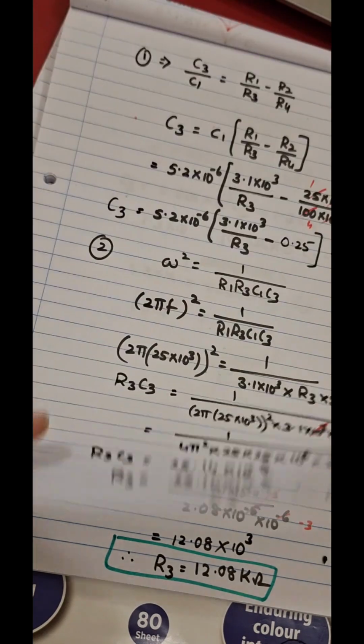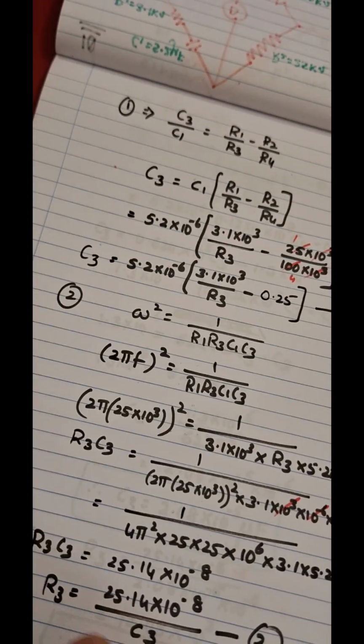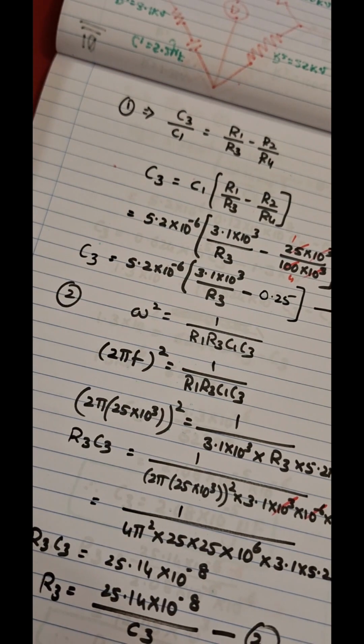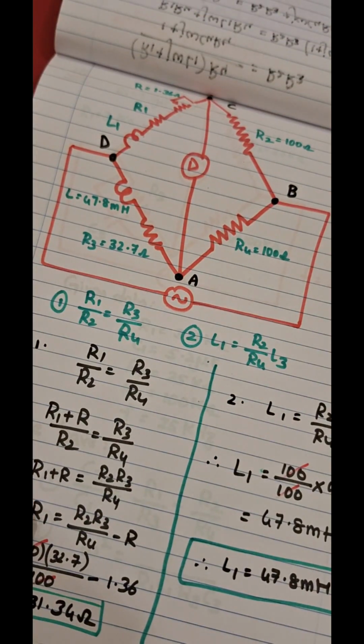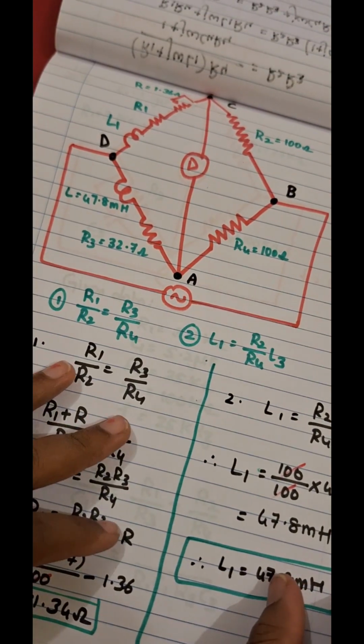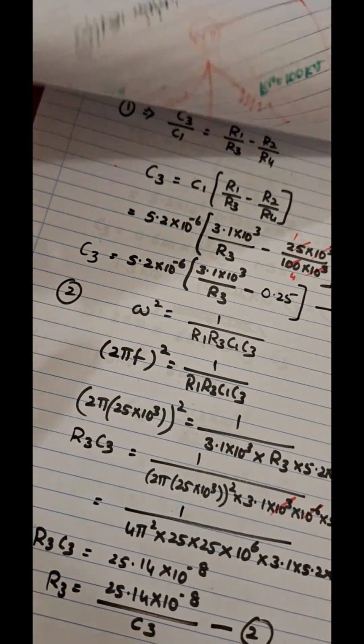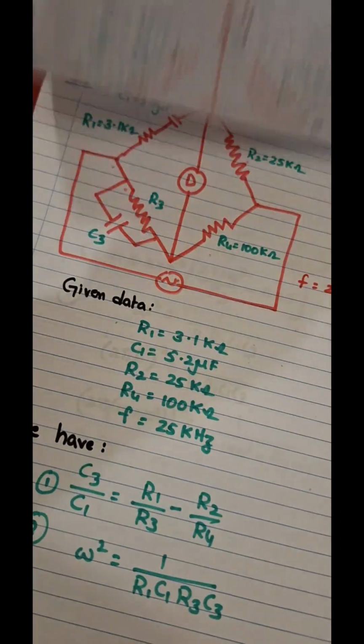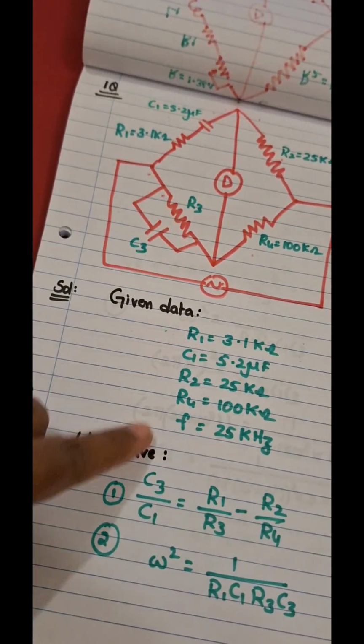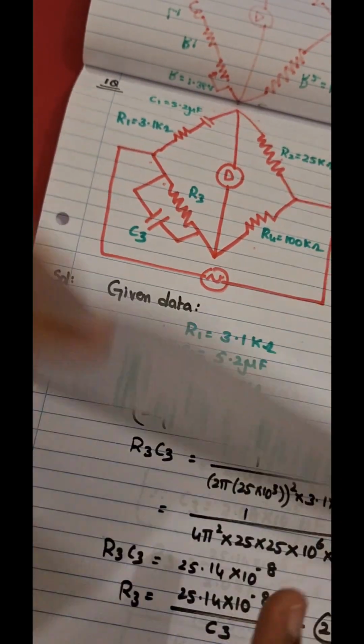We are done with the solution. So this is how you are supposed to solve your Wein bridge. I know this is a little tricky and long, but sometimes it is needed. So first, in the Wein bridge method, when they give you the circuit, first you should know what your given data is and what you have.